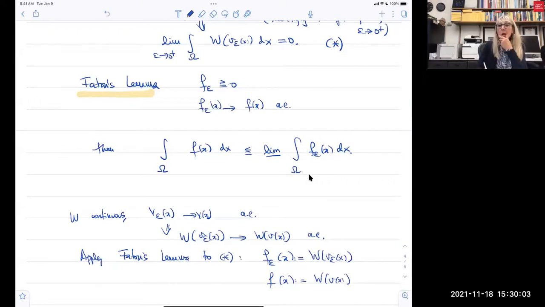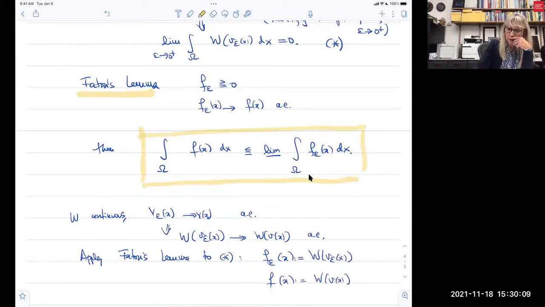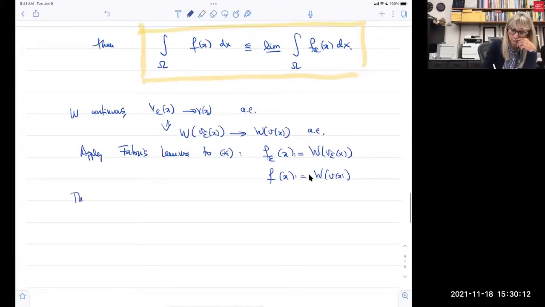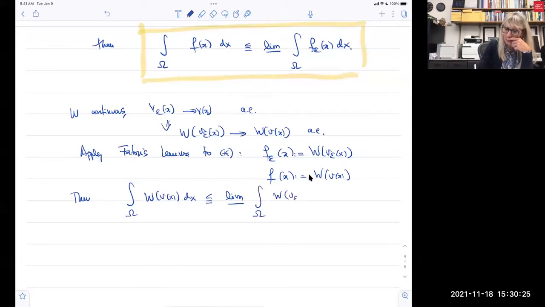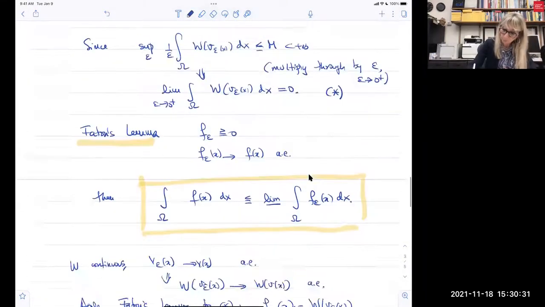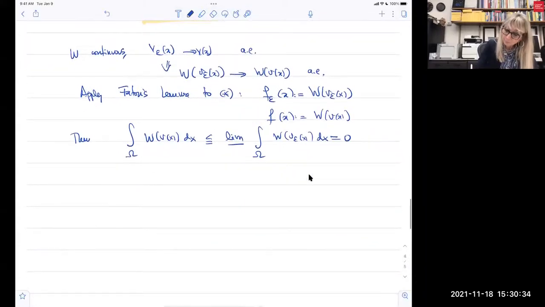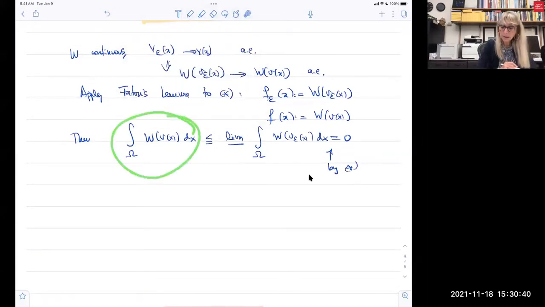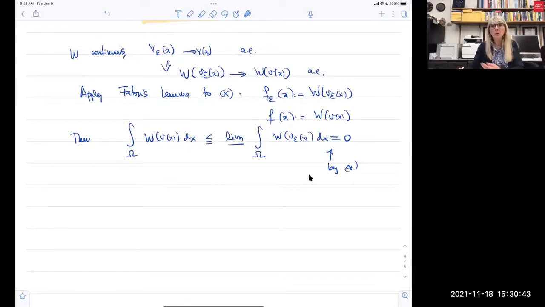And Fatou's Lemma tells me that the integral of W of v, which is f, is below the liminf of the integrals of W of v epsilon. But by star, that was 0. So I'm saying that this integral is 0. W is non-negative, so the only way this can be 0 is if the integrand is 0 almost everywhere.